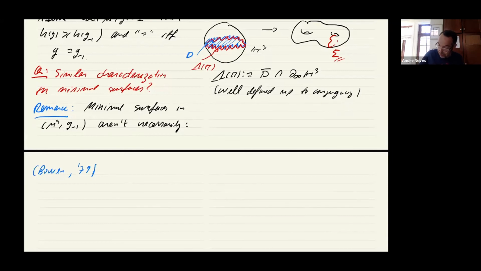Typically this limit set will not be a smooth curve. It's a fractal-like Jordan curve. So the Hausdorff dimension of this limit set is 1 if and only if pi contains a totally geodesic surface.